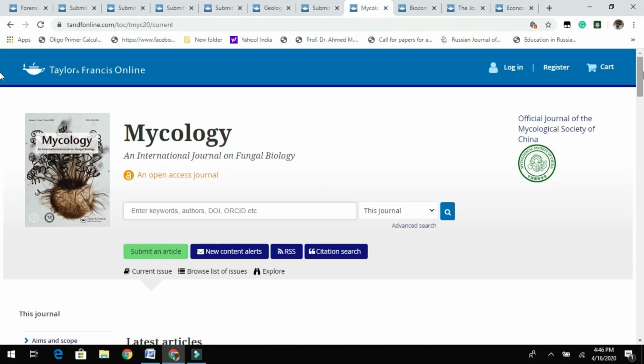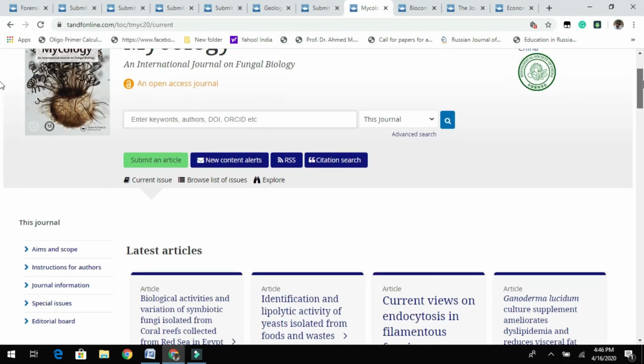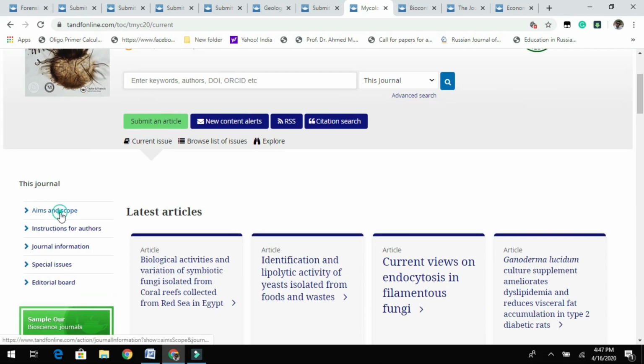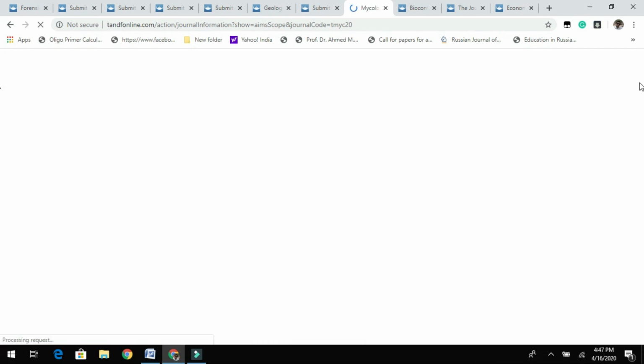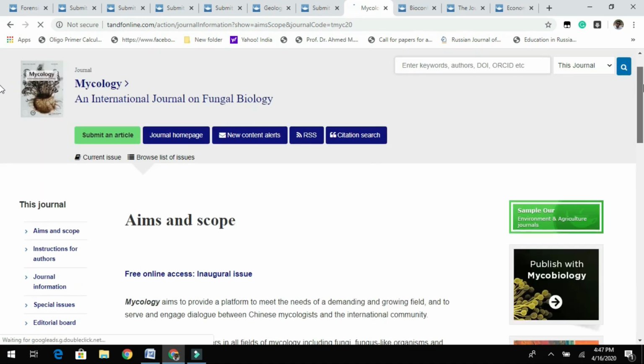So moving on to the next journal, Mycology. It is an international journal on fungal biology. So let us see the aims and scope of the journal. If your research work is related to fungal biology, then you can easily submit.